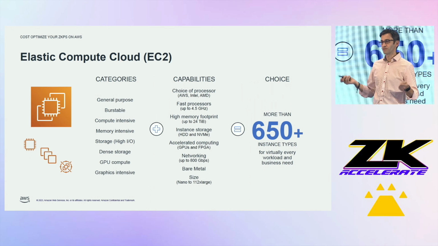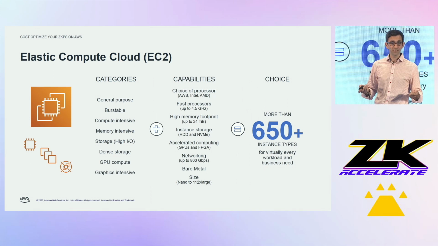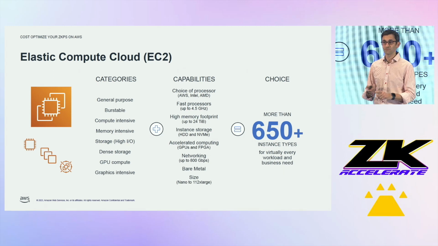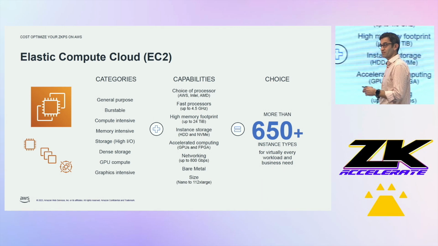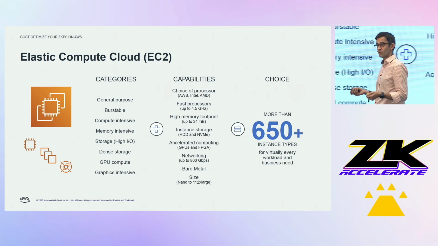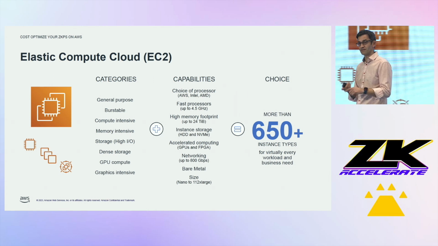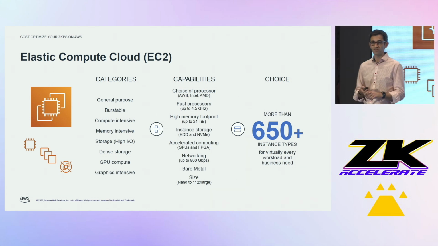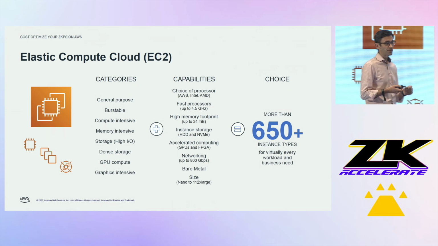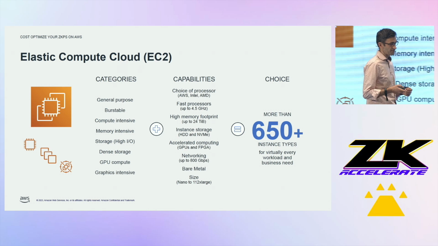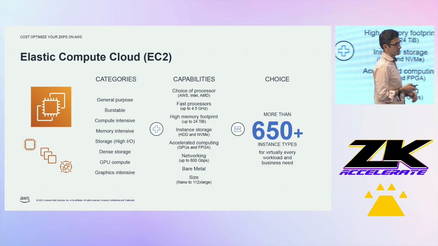So let's talk about EC2. As everyone here knows, depending on the type of application that you're running, if you're running a website, machine learning or DNA sequencing, you need very different types of compute, right? That's why we have many different categories of compute: CPU intensive, memory intensive, instance storage versus network storage, so a lot of different kinds, and we're adding to this quite a bit, so there are over 600 different instances.